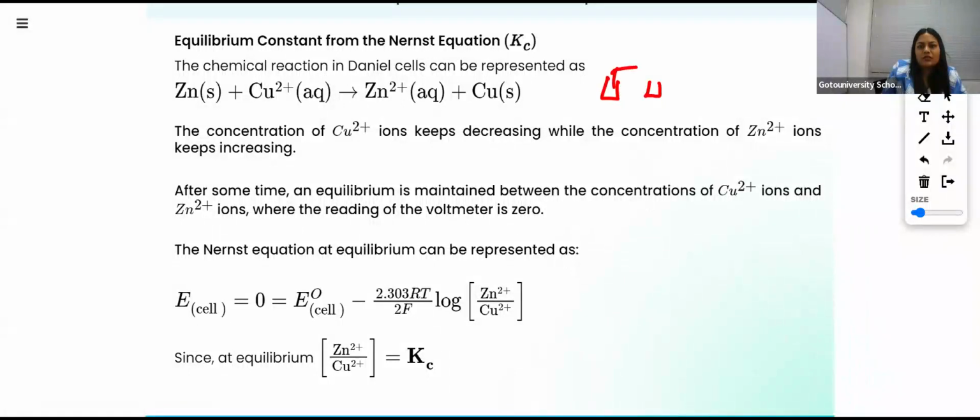When an equilibrium state is attained, while solving the redox reaction, or redox couple, using the Nernst equation, the equilibrium constant obtained from the Nernst equation is represented by Kc.